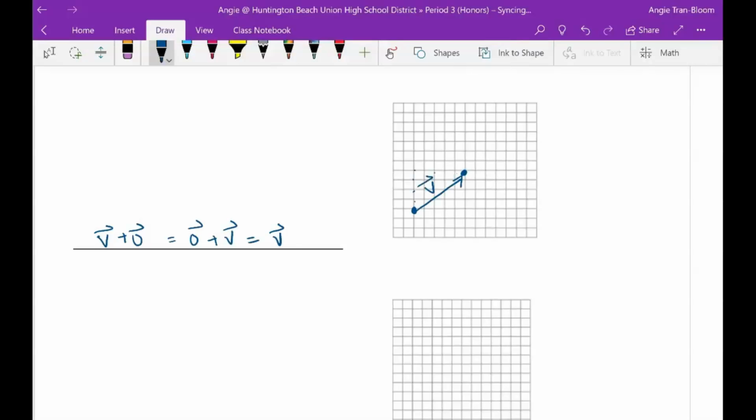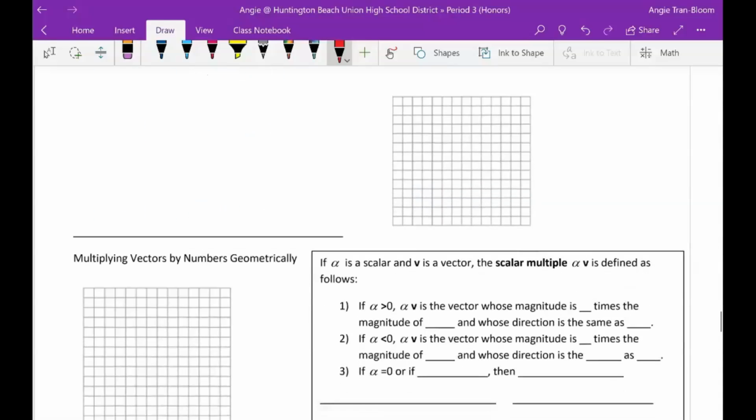What does it really mean to add the 0 vector? The 0 vector doesn't have any size, right? So adding the 0 vector is sort of just a dot. Vector V has this length, and the 0 vector is a dot. It doesn't have any direction, it doesn't have a size, so it's just a dot. If you're adding nothing to vector V, then you just have vector V, okay?